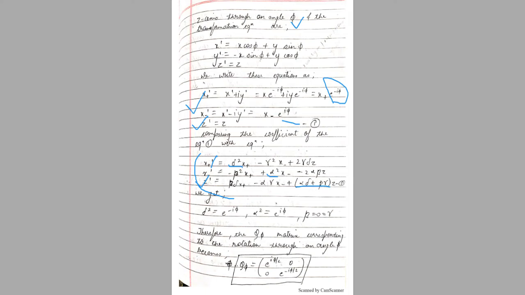If you see from here, you can find the value of alpha, that is under root of e to the power i phi, that is e to the power i phi by 2, and the value of delta would be e to the power minus i phi by 2. If you multiply both these, you will get e to the power i phi by 2 minus i phi by 2.